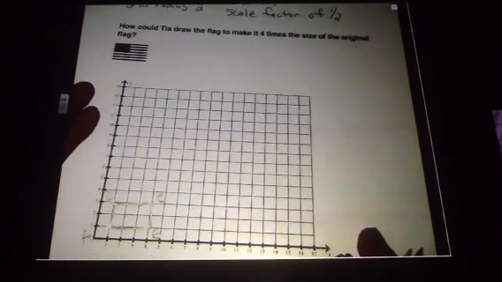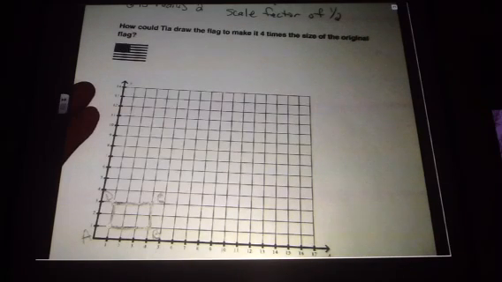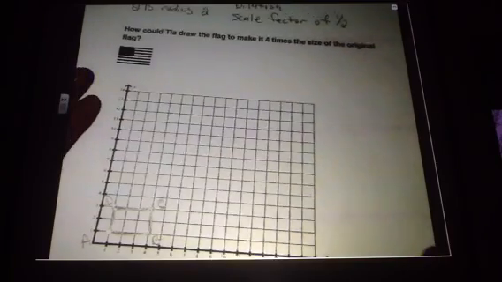Okay, so here's the original, and she wants to make it 4 times the size of that. I'm going to be quiet and let you all figure this one out.